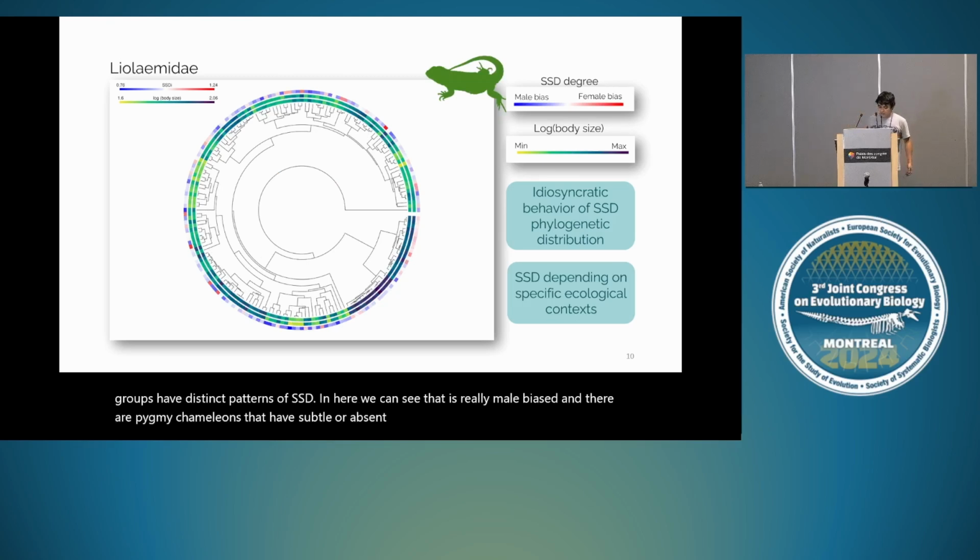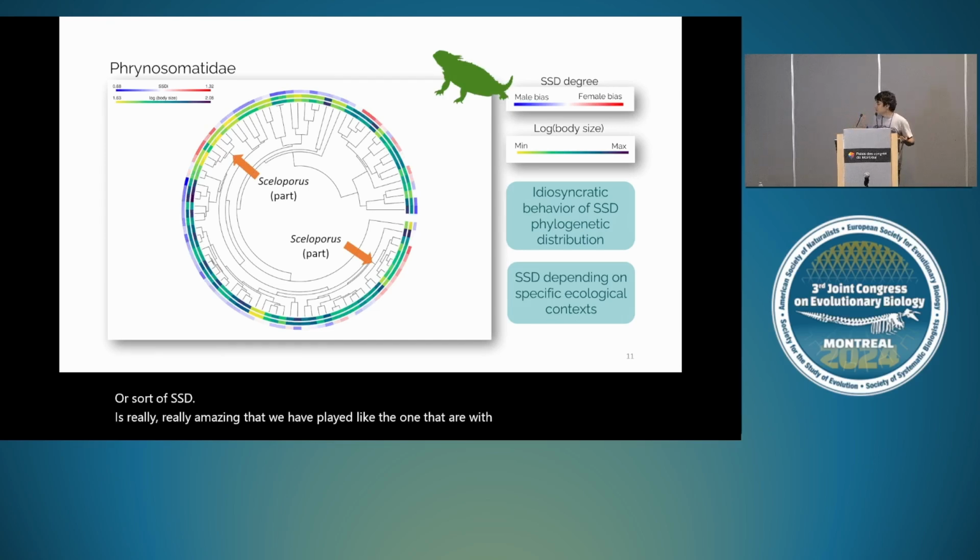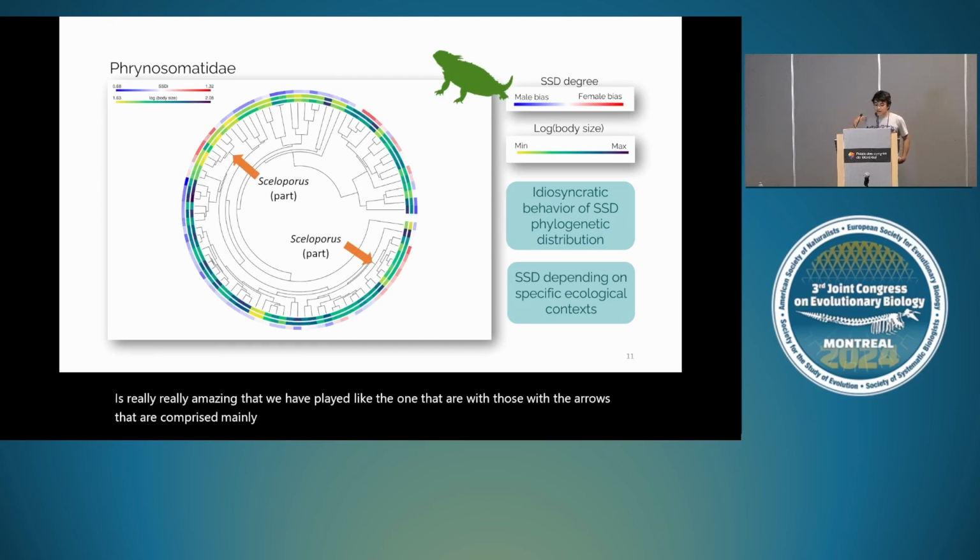In Liolaemidae, we can see that in general, Liolaemus has a wide range of SSD, but Phymaturus, that are big species, have mostly absent or subtle SSD. And in Phrynosomatidae, it's really, really amazing that we have clades like the ones with the arrows that are comprised mainly by female biased species.